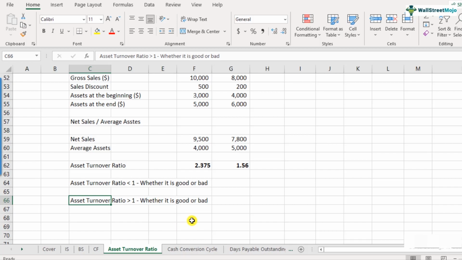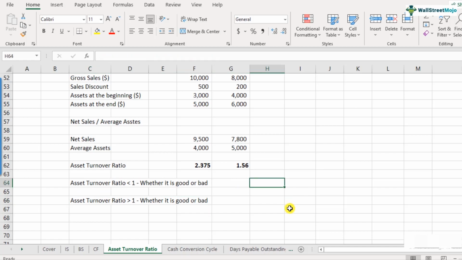Of course, if you look at the absolute number, the higher the number, the better it is. But if a company's asset turnover ratio is, let's say, less than 1, can you say it is good or bad? Maybe not. You cannot directly come to a conclusion.